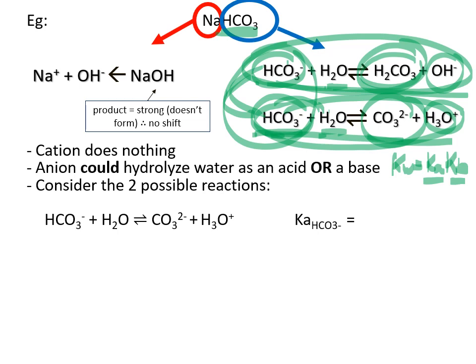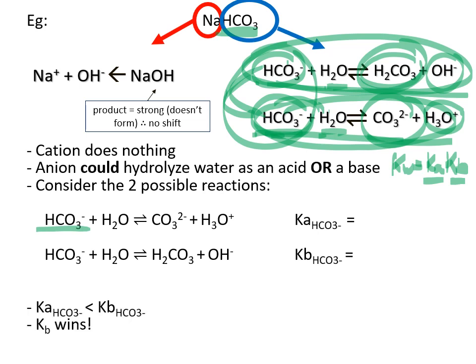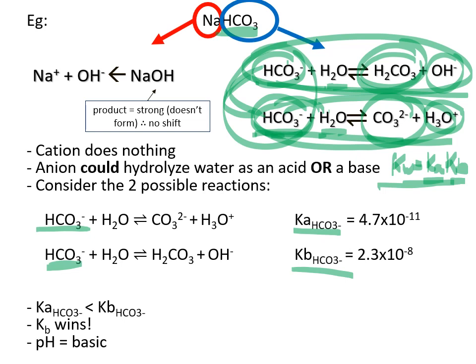So this one here, we have a Ka value. You could probably find it for the bicarbonate. I don't have them listed here. There we are. There's the Ka value for the bicarbonate and the Kb value for the bicarbonate. And again, remember, these are not conjugate partners. These are both bicarbonates. So make sure you get the right Ka value. You want the Ka value for bicarbonate and the Kb value for bicarbonate, not something like the Ka value for H2CO3.